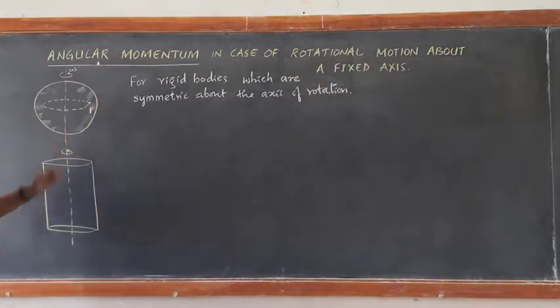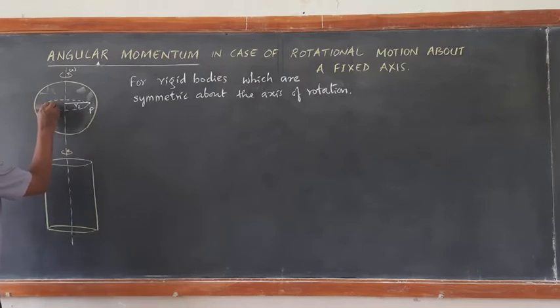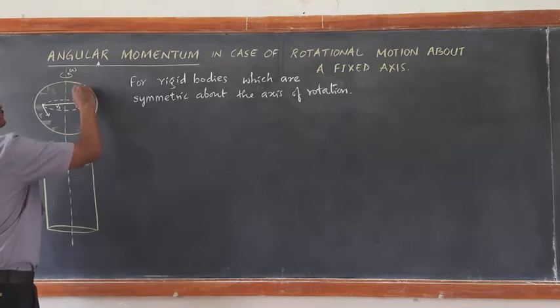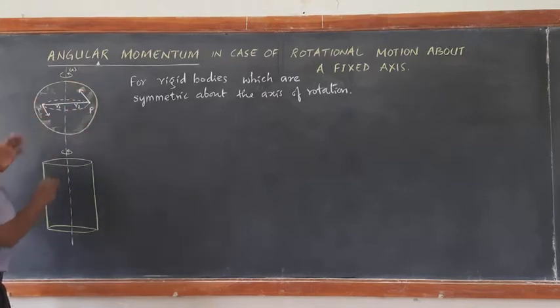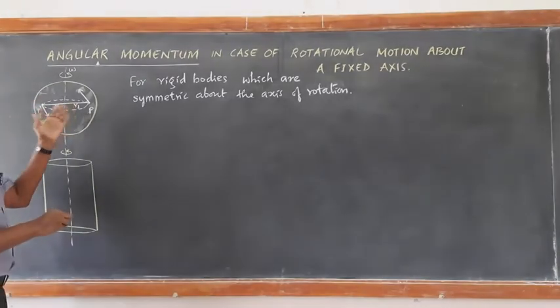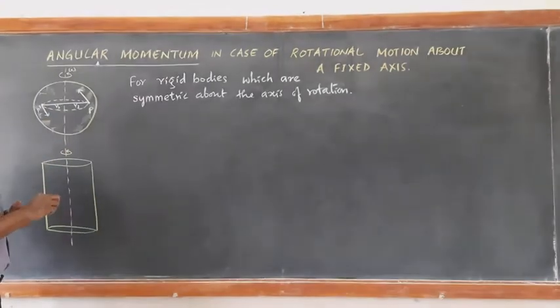For every particle P at this distance r perpendicular, there is exactly another particle present over here at the same distance, which will have its momentum in the opposite direction. If this is the direction of momentum of this particle P, at P dash, the particle at this diametrically opposite point at the same distance will have its momentum exactly in the opposite direction.